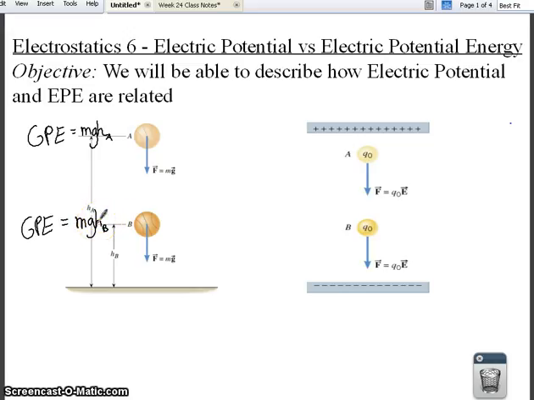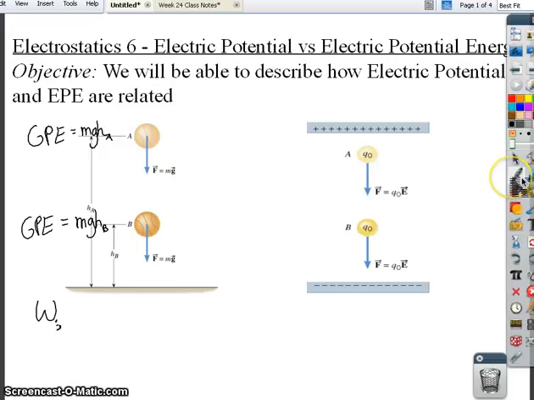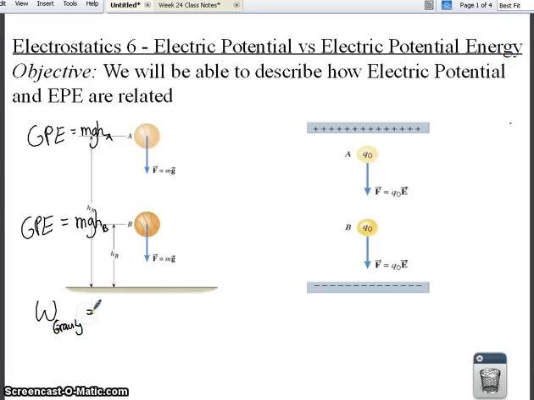And so what we normally would say is that the work done due to gravity is equal to the change in potential energy, or also known as the gravitational potential energy of B, which is final, minus the gravitational potential energy of A.